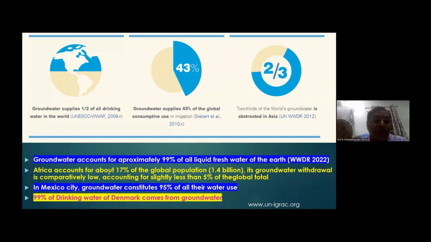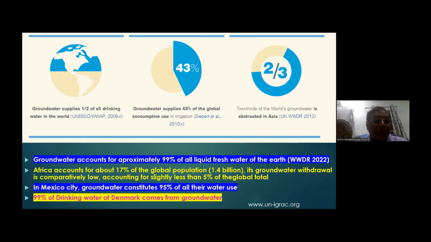Africa accounts for about 17% of the global population, which is around 1.4 billion. In fact, even India alone now has 1.4 billion. Africa's groundwater withdrawal is comparatively low, slightly less than 5%, whereas in the case of India, it is almost 25%, to feed its population.